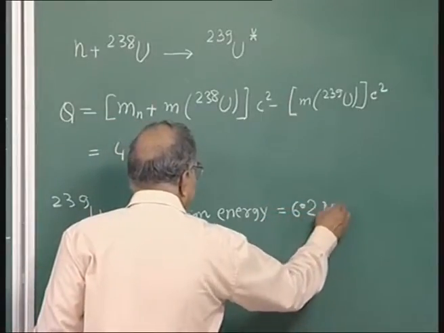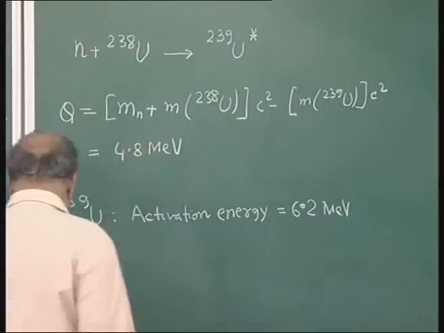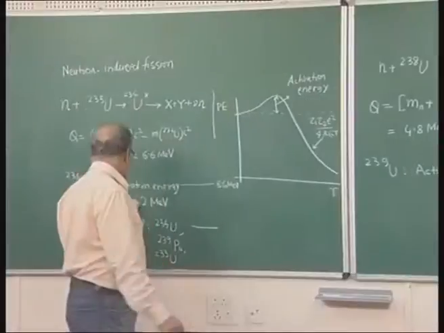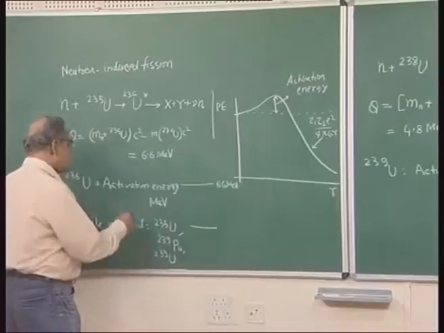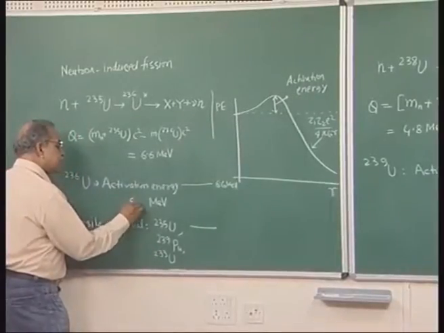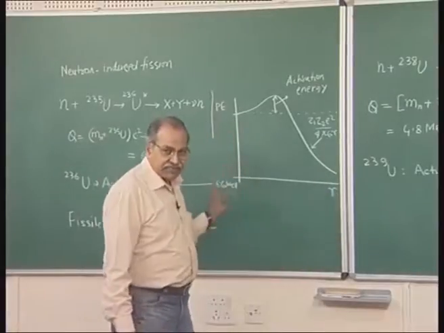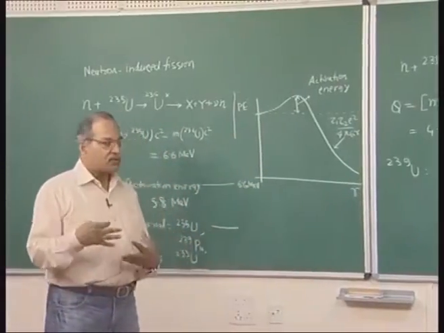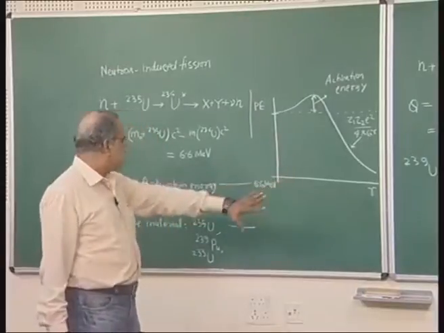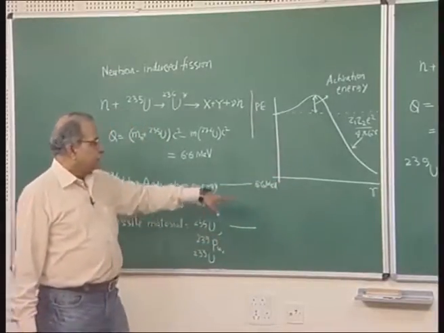It depends on what kind of model you take, but it will be higher than this. So, if I take that as 6.2, this would be something like 5.8. These numbers are not very fixed as such, it depends on what model we take.